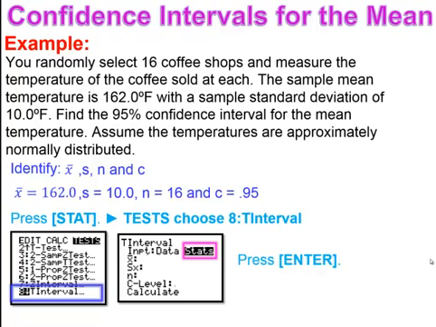So when you have the data entered in, you're going to press enter and you should get this confidence interval. And in this case, we end up with a confidence interval. Our mean is between 156.7 to 167.3 degrees.